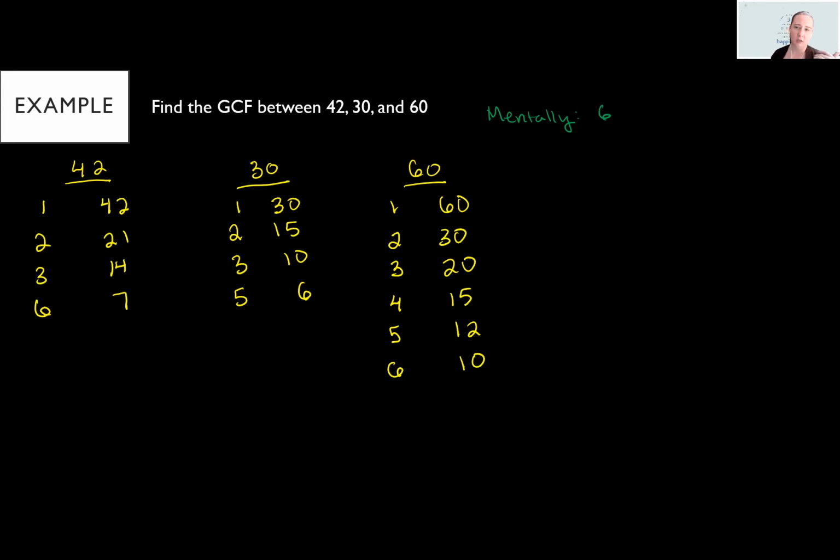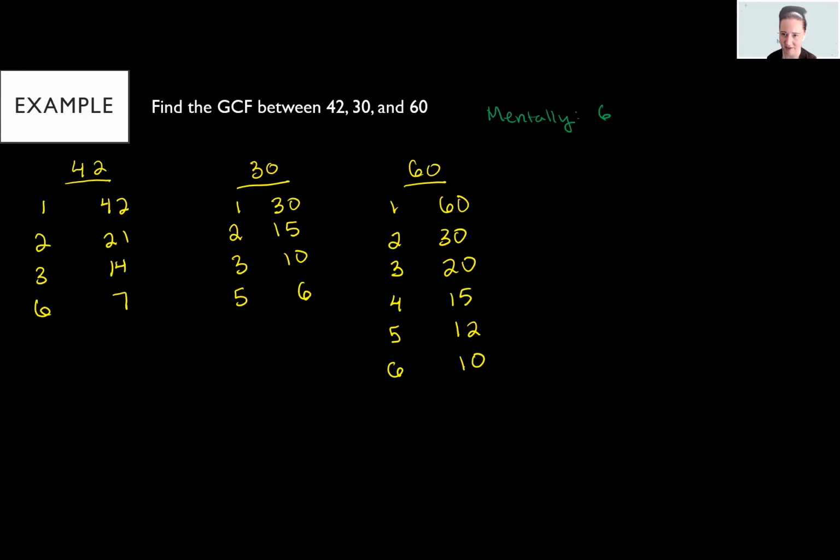So 60 has a lot more factors than the other numbers here, 42 and 30. But we're still looking for the largest one that they have in common. Now, the downside of the divisor method like this is sometimes you've got so many numbers written down, it's kind of hard to see it.